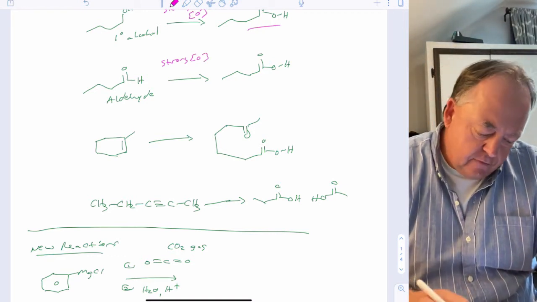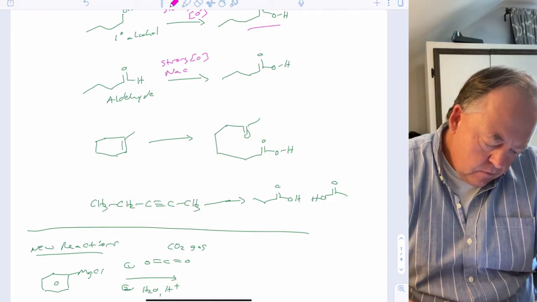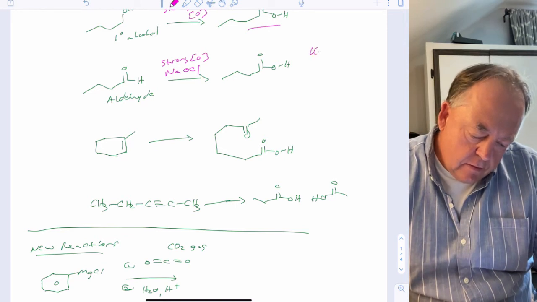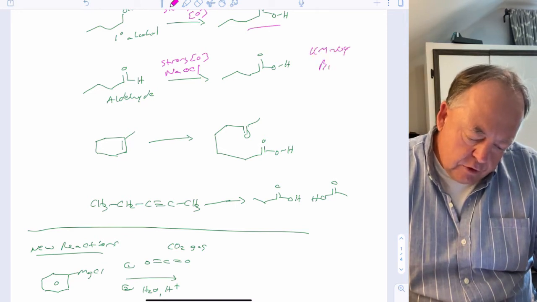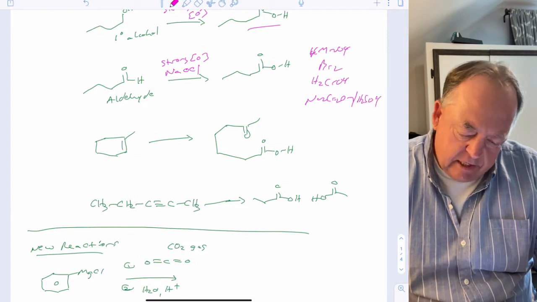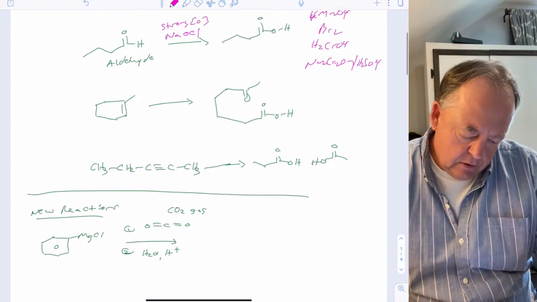So bleach, for example, will oxidize it, KMnO4, Br2, chromic acid, sodium dichromate, any of those strong oxidizing agents.